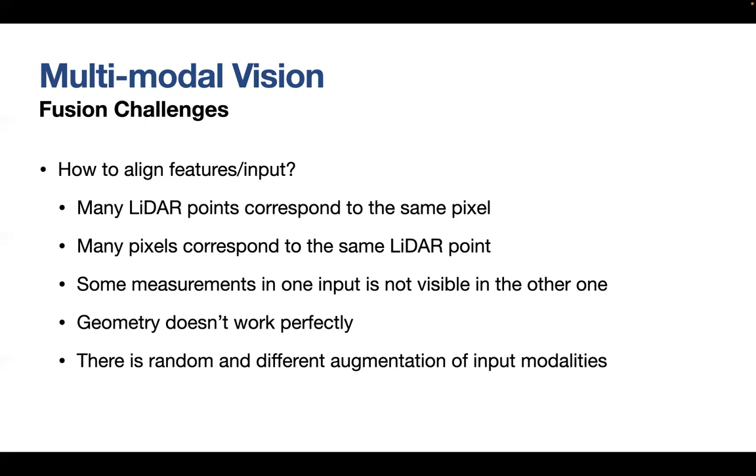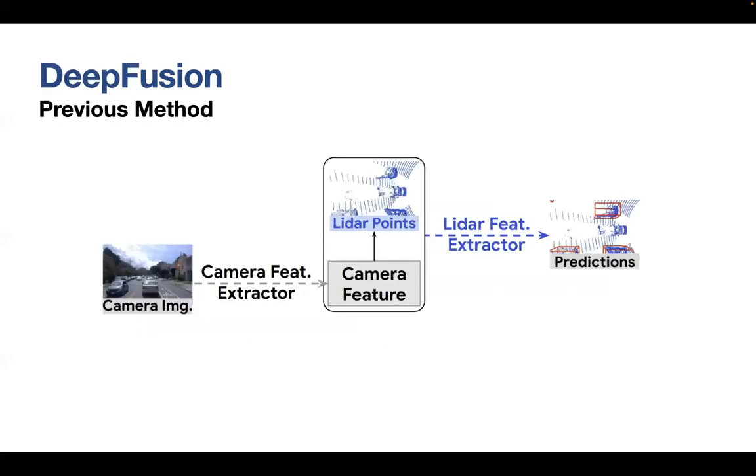For example, let's say we rotate the points in LiDAR around the Z dimension. We cannot do it in the images, because rotating around the Z dimension would mean putting the camera somewhere else, which we can definitely not do. So different augmentations make it significantly harder to perform this alignment task of multiple inputs.